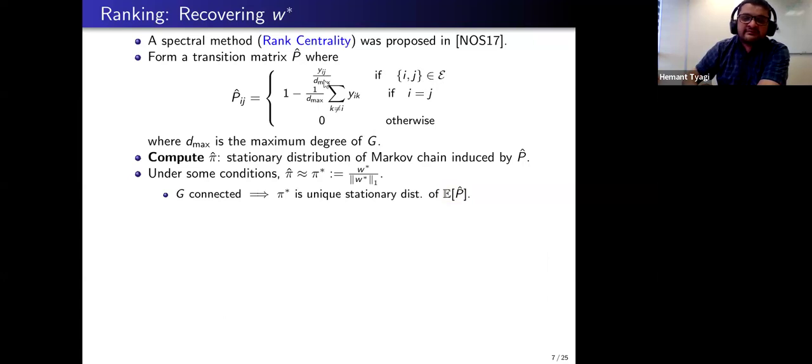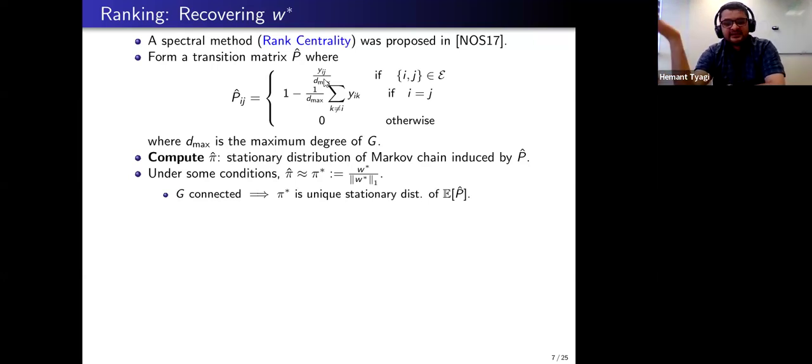Okay, so whenever you have an undirected edge between i and j, and if you look at expectation of P hat, you would have an edge from i to j and also an edge from j to i, and both these edges would have non-zero weights. Okay, so this Markov chain is irreducible. It also has self loops, so it's aperiodic, etc. It's also reversible. So pi star is the unique stationary distribution of the population Markov chain if G is connected.